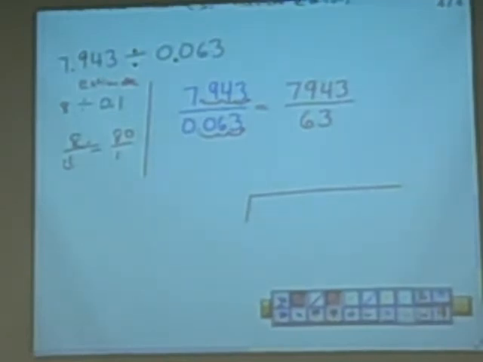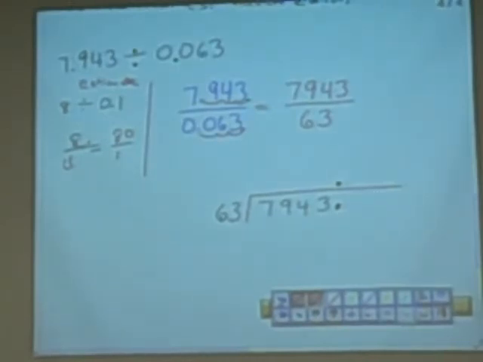Yeah. So here we have 63, and we have 7943. Put a decimal point. Okay, really important that we do that.